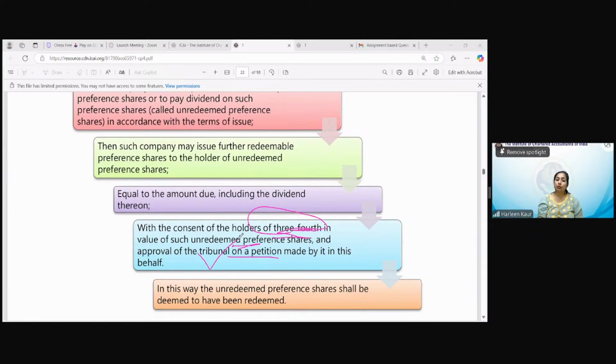And once we go to this tribunal, we will tell them that the company is not able to pay our money. So here the company will issue further redeemable preference shares to these people, equivalent to the amount due as well as equivalent to the dividend. And when such additional preference shares are issued, they shall be deemed to have been redeemed.